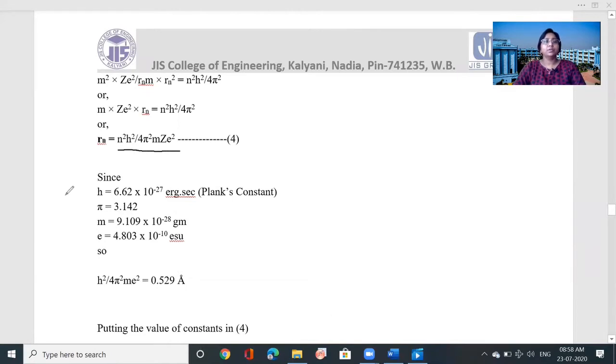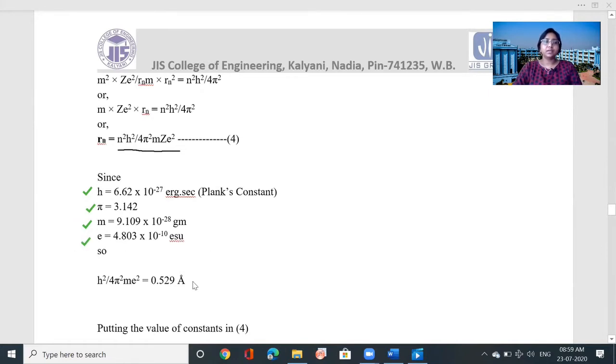So now you know that h is the Planck's constant, and what is the value? That is 6.62 into 10 to the power minus 27 erg per second. Pi, you know, that is 3.142, or 22 by 7. M, you know, that is 9.109 into 10 to the power minus 28 gram.